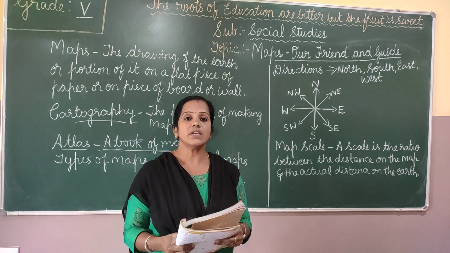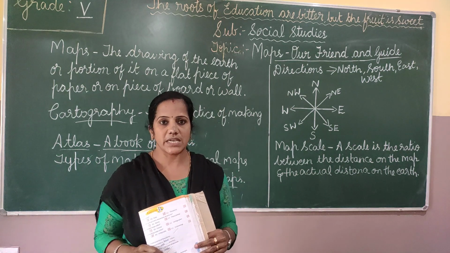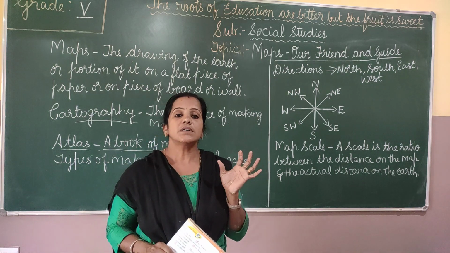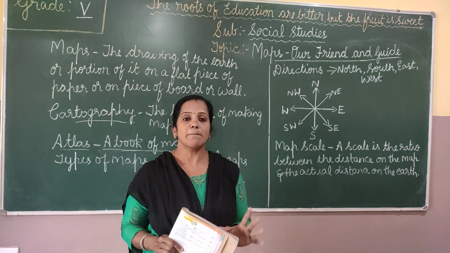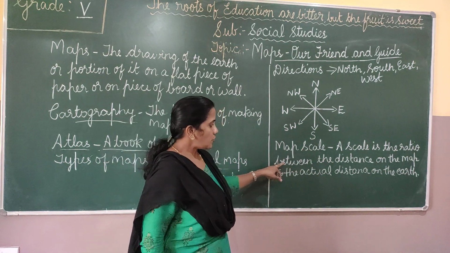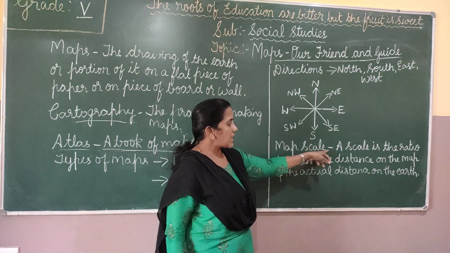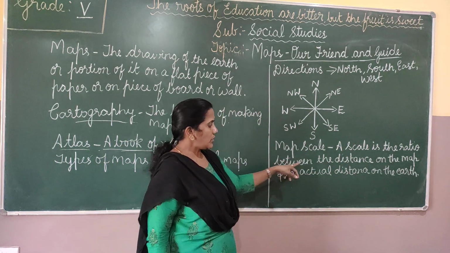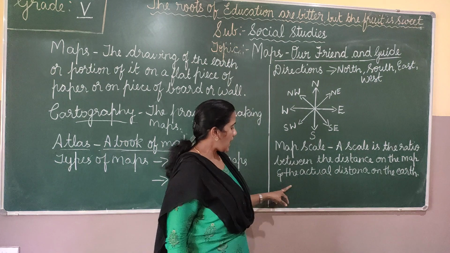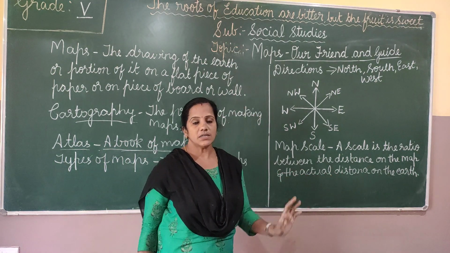So for drawing exact maps, we use map scales. A scale is the ratio between the distance on the map and the actual distance on the earth.